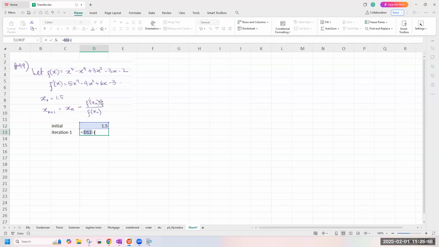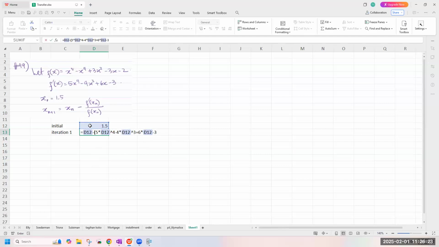So f prime xn is 5 times whatever number you have there to the power of 4, minus 4 times whatever number you have there cubed, plus 6 times whatever number you have there, minus 3.